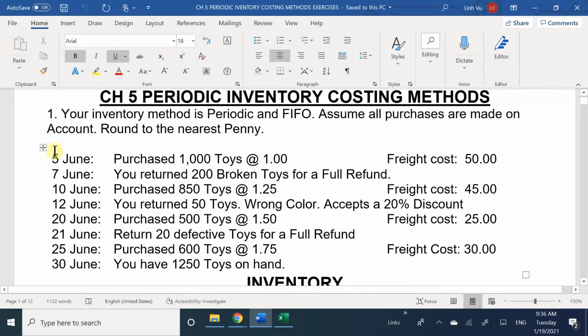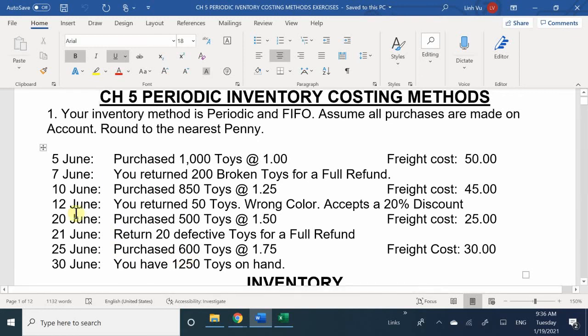Next here is on June 25th, we purchased our last 600 toys for $1.75 with the freight costing you $30. Okay. So I'm going to go ahead and show you the first way real quick, where you plug in everything in your inventory worksheet first, and then plug in everything for your journal.